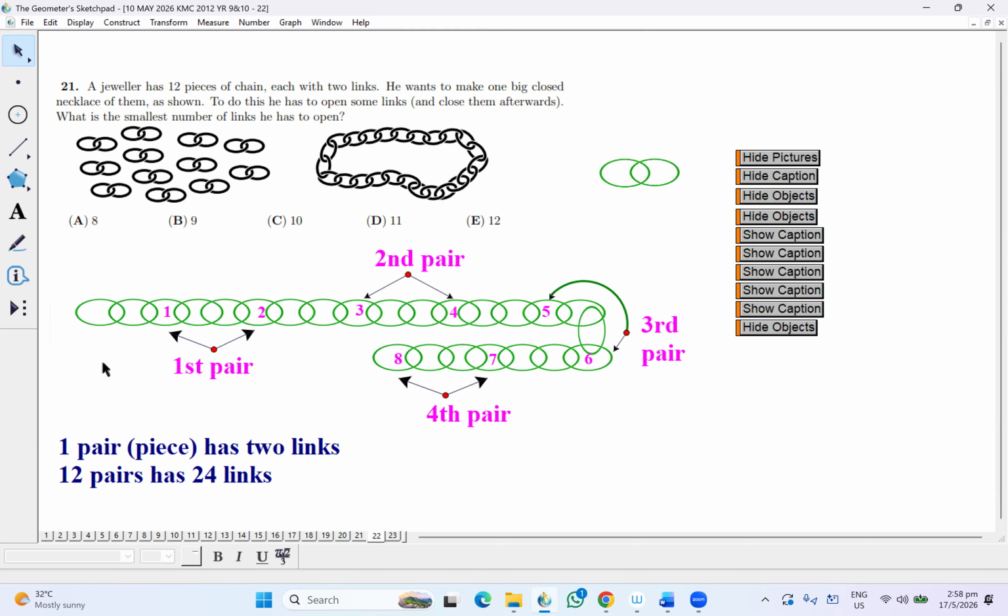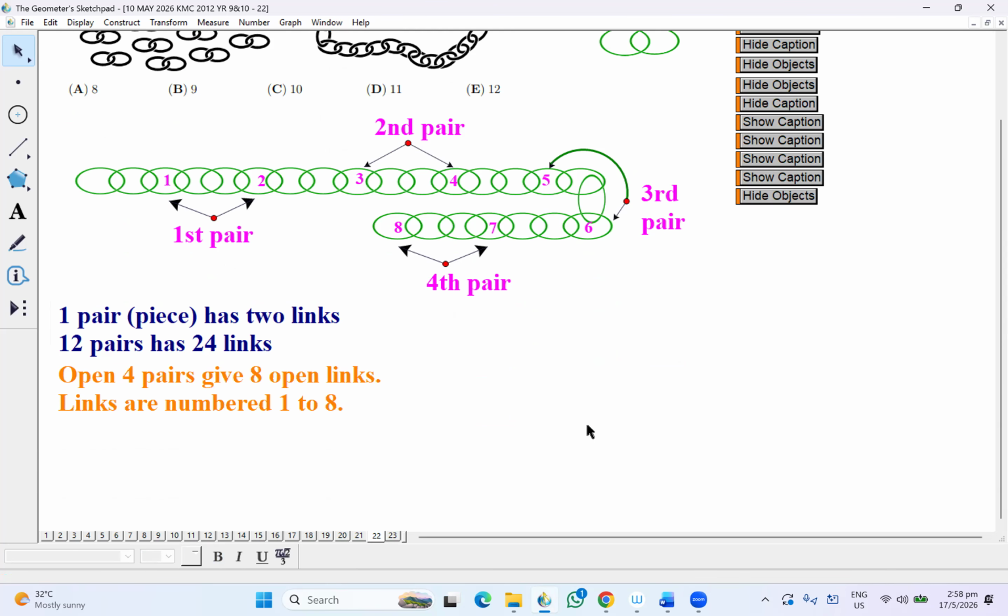So we have 8 links, 4 pairs, and in between there are already two unopened ones. Open 4 pairs, get 8 open links. We number them 1 to 8. Between each open link, there are 2 links not open.